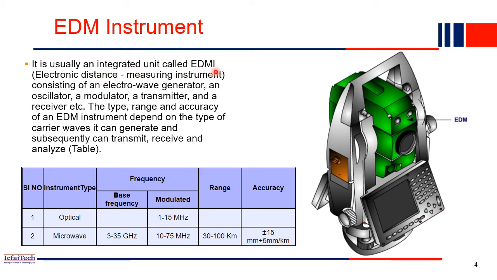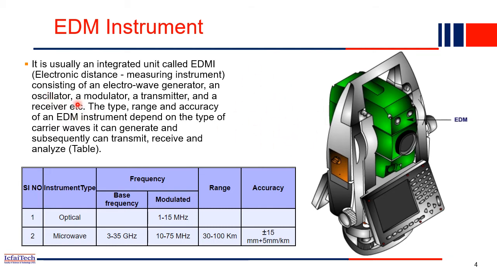What is the full form of EDMI? EDMI is electronic distance measuring instrument. It consists of an electro wave generator, because we are transmitting waves from the instrument to the reflector. An oscillator is required, because in a wave there will be oscillation.